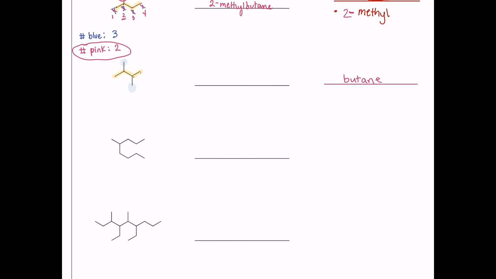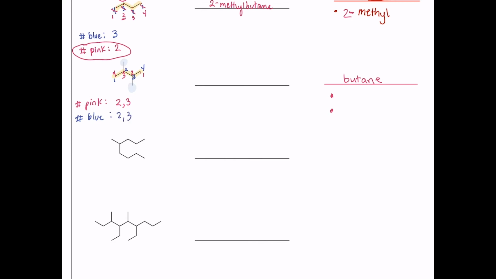Now, they're both methyls. So first let's figure out the numbering. 1, 2, 3, 4, I can number it the pink way, in which case I have substituents on 2 and 3, or I can number it the blue way, in which case I have substituents on 2 and 3.